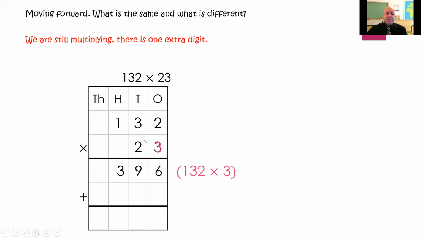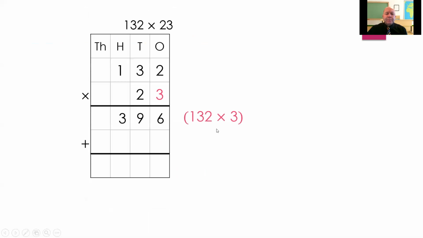Now we're going to move our attention to these 2 tens, and we're going to do the 2 tens, or 20, multiplied by 132. We just put in our space saver. That's 0. That's going to push all our numbers out. They're 10 times bigger.